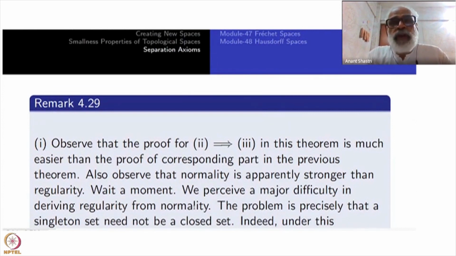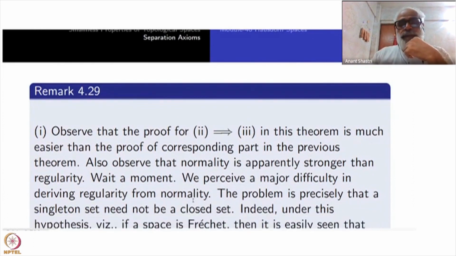Both F1 and F2 must be closed here, whereas there, x could be any point and the other one is closed. So obviously, we don't have the hypothesis that singleton sets are closed. Therefore, normality may not give you regularity.